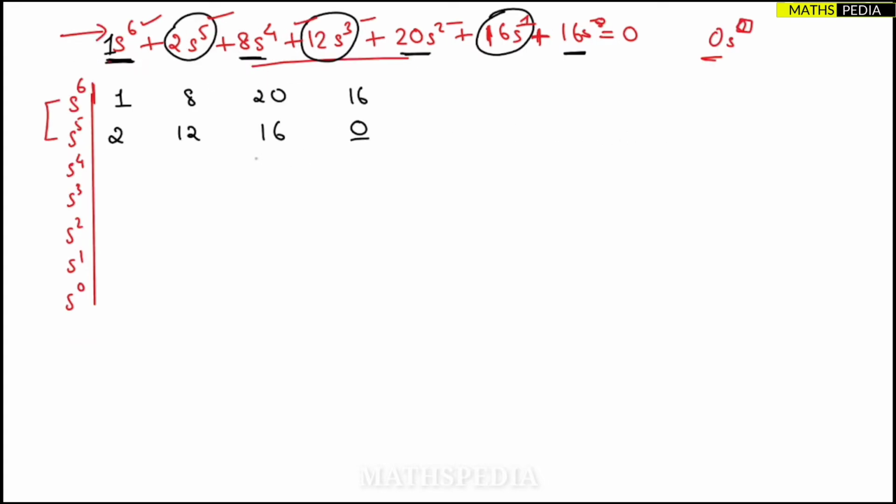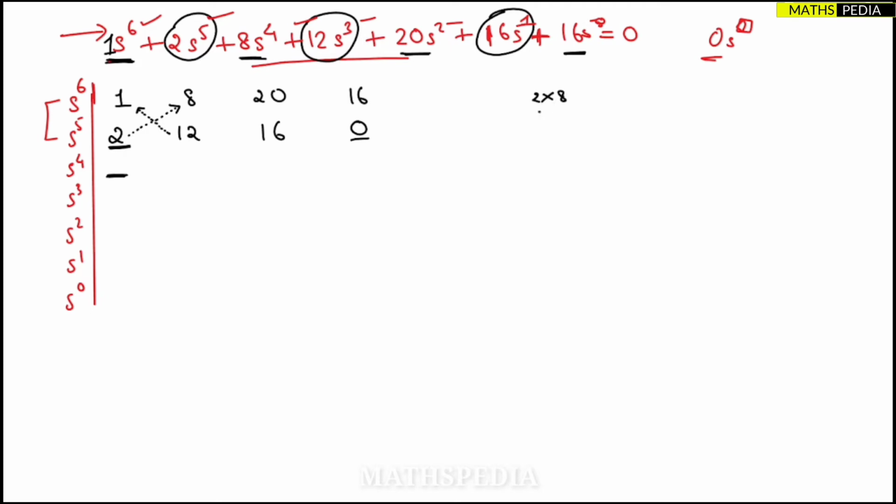Now next, this element you have to write. How to write this element? You have to multiply 2 into 8 minus 12 into 1, divided by this element, that is 2.